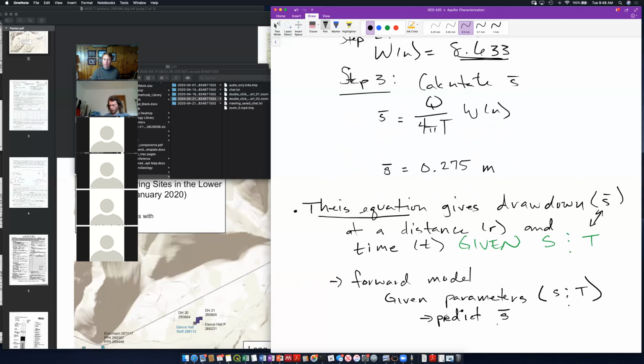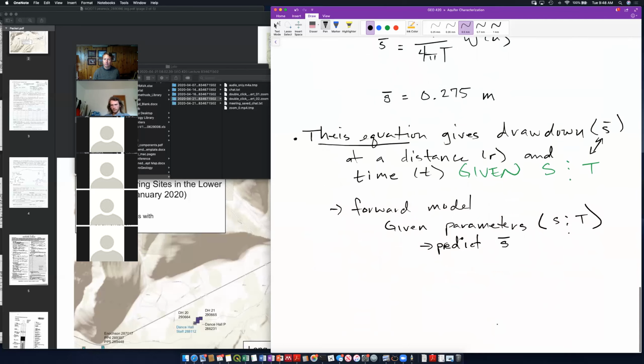All right, so my forward model is, given my parameters, predict drawdown. And that's what we just did, right? We said, all right, I've got a forward model. I gave you the storage and transmissivity. You predicted the drawdown. All right.